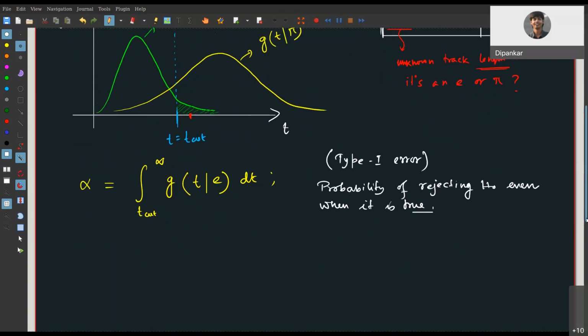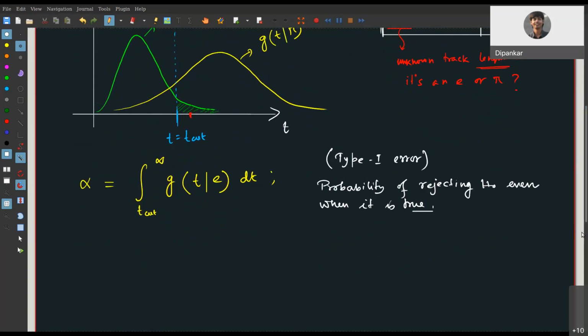Now the opposite is the type 2 error. So beta is equal to the integral from minus infinity to t cut of g(t|H1) dt.